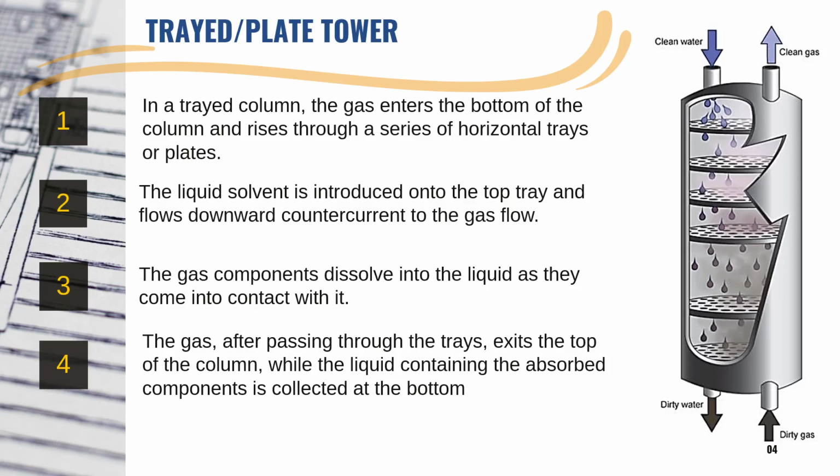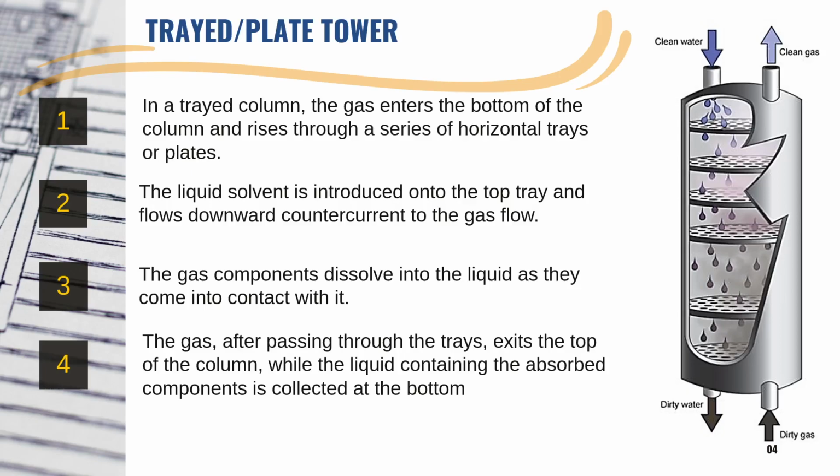So the absorption process occurs through mass transfer between the gas and liquid phases. The tray provides additional surface area and a medium for mixing, which promotes mass transfer between the gas and the liquid phases.